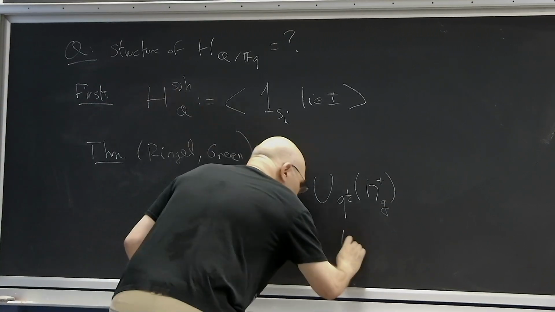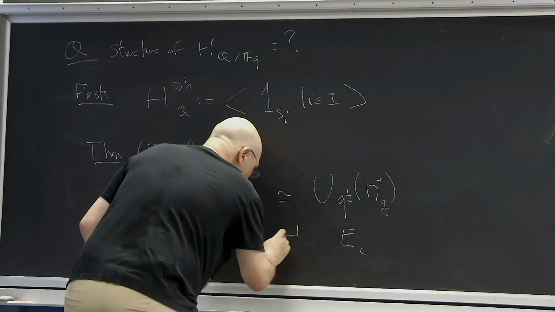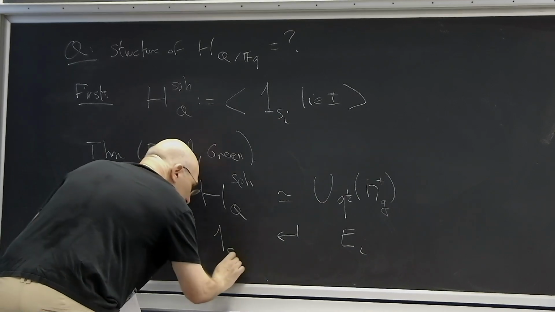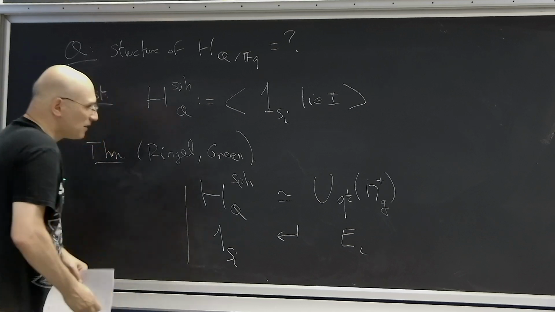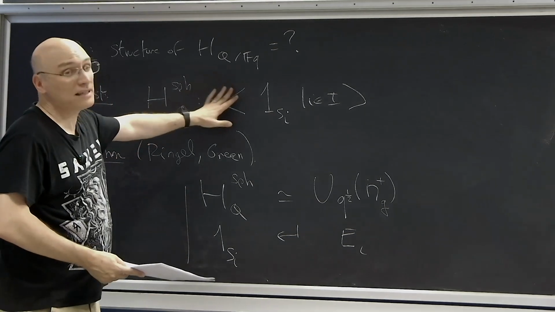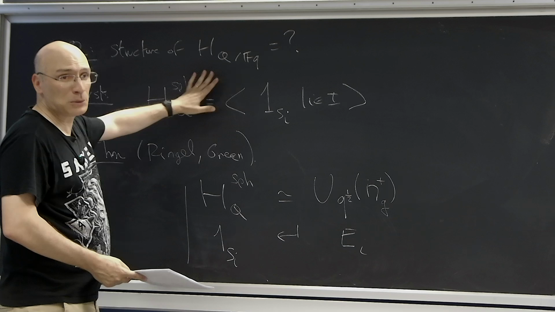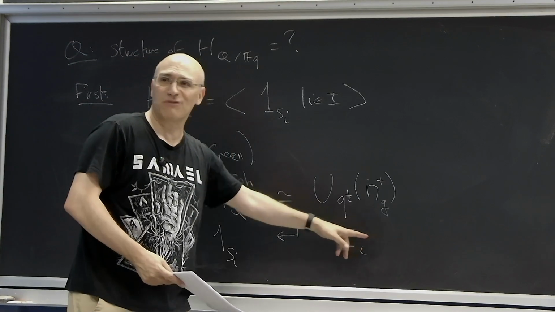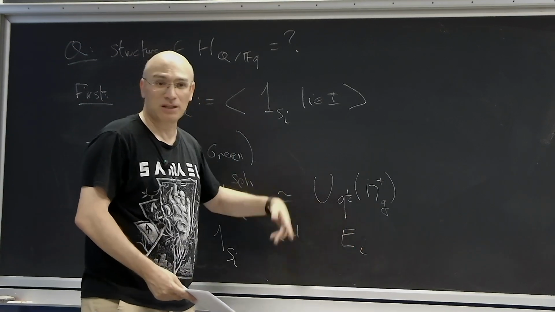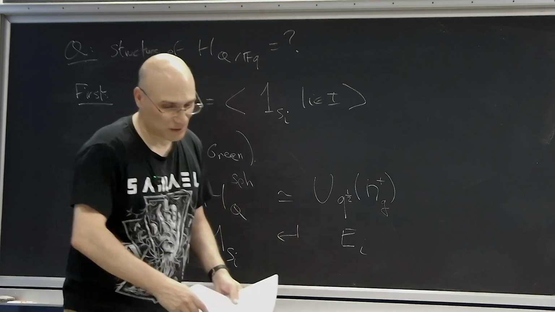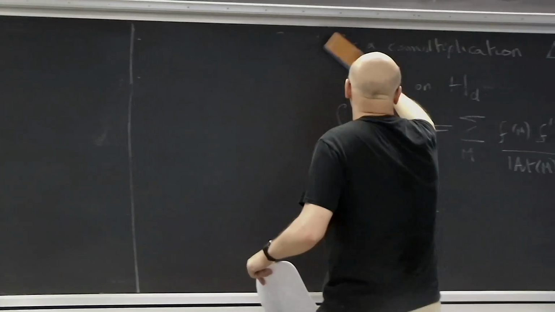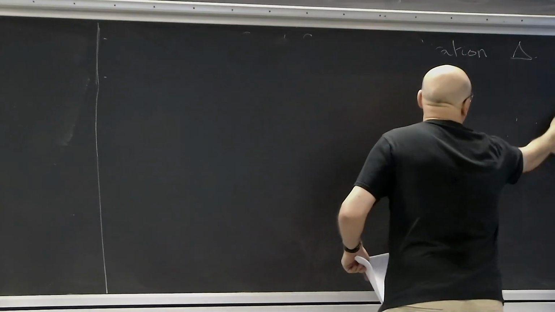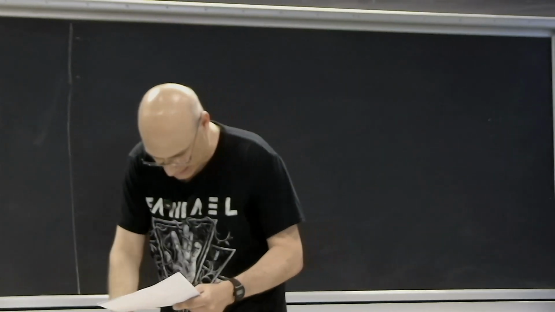And this sends the generator E_i to, up to some normalization, 1_{S_i}. So at least there is a small thing inside which is independent of Q and which recovers the quantum group. So we're very happy because we got out of the quiver more than just the Cartan matrix. We actually got the quantum group itself. And that's very good.